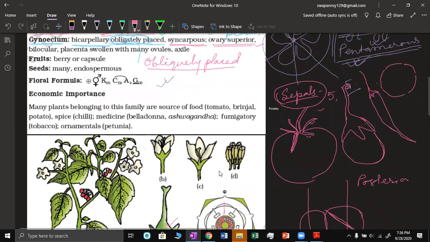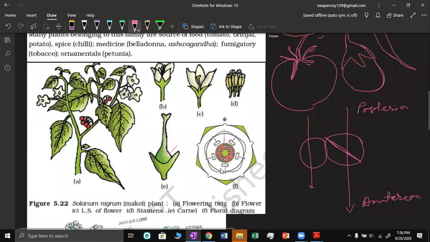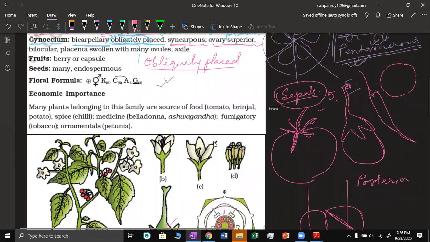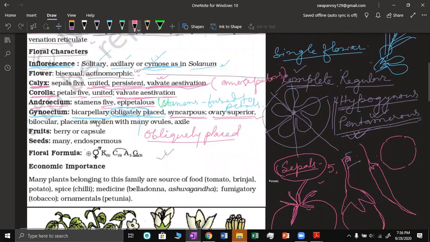In the ovary there are 2 chambers. Sometimes, of course, we can see 4 chambers also, but here it is 2 chambers. This is partitioned into 2. So this is called ovary superior, bilocular. Locule means chamber. So 2 chambers are there.